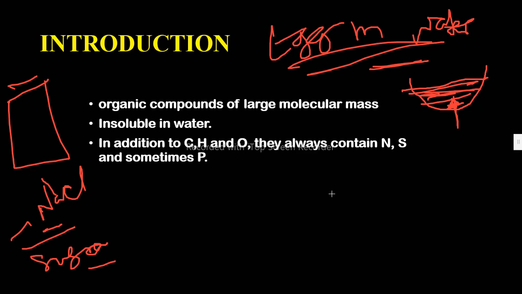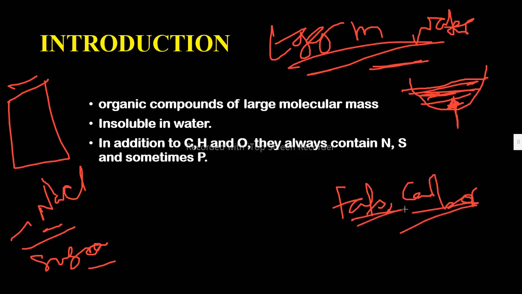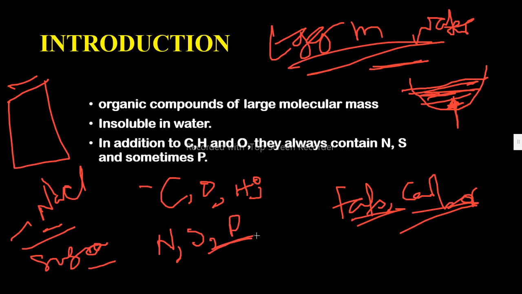Now, unlike fats and carbohydrates, proteins have carbon, oxygen, and hydrogen, but in addition they also have nitrogen, sulfur, and sometimes phosphorus, depending on a given protein and a given amino acid.